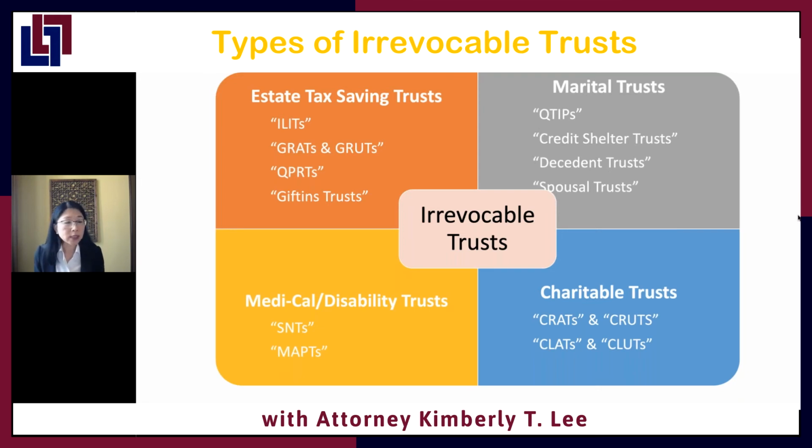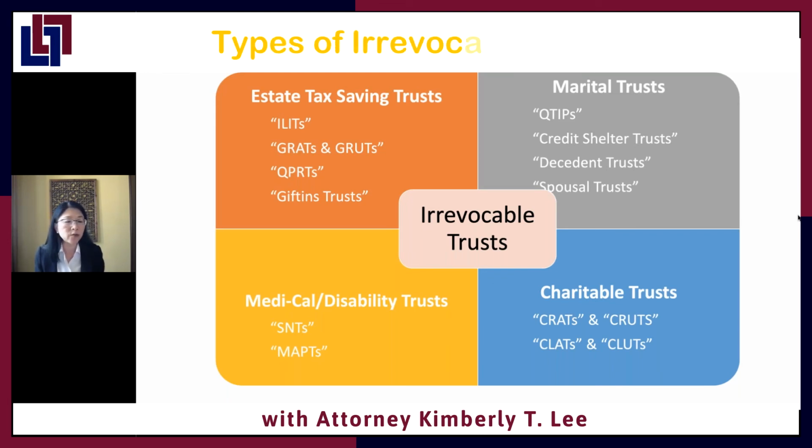The last box is a yellow box, which is the Medi-Cal Disability Trust. This is, for example, if you have a beneficiary who may be receiving public benefits, we want to make sure the money that goes to that beneficiary is not going to negatively impact their ability to receive public benefits. Also, the last one says MAPT.